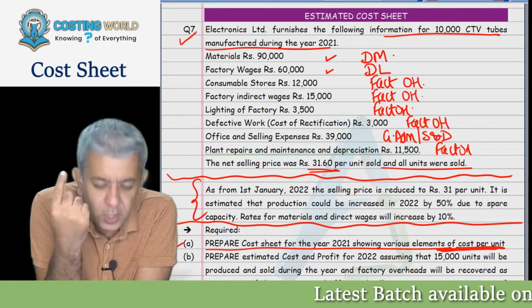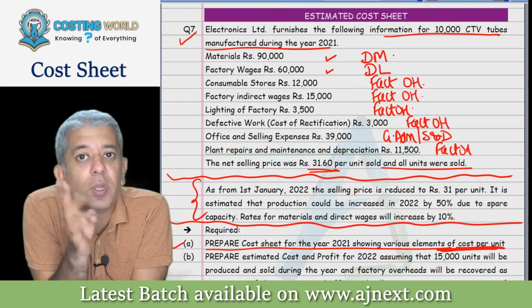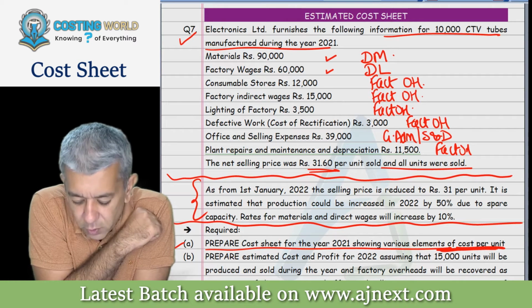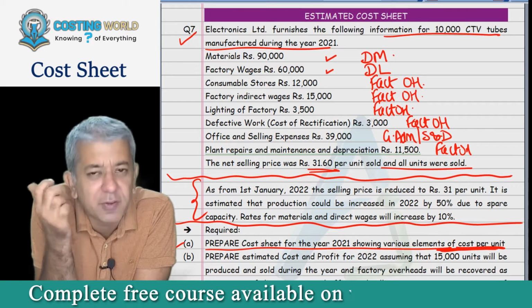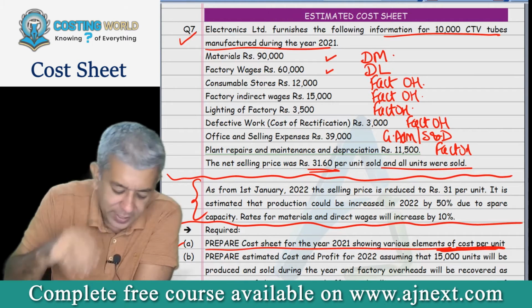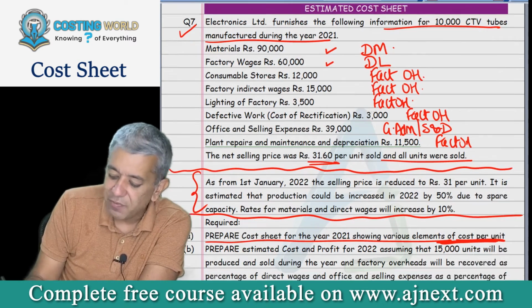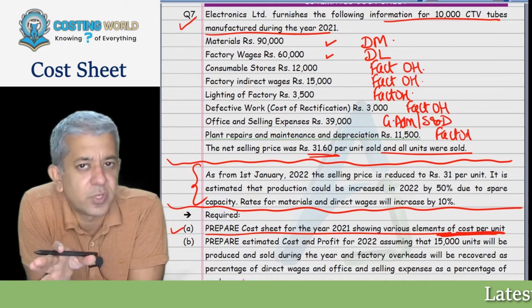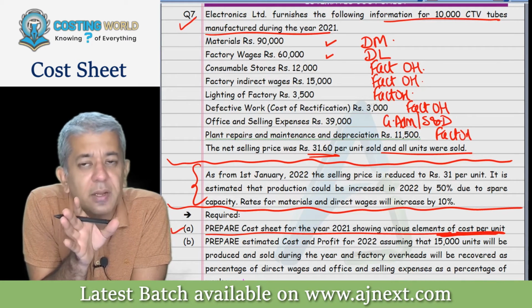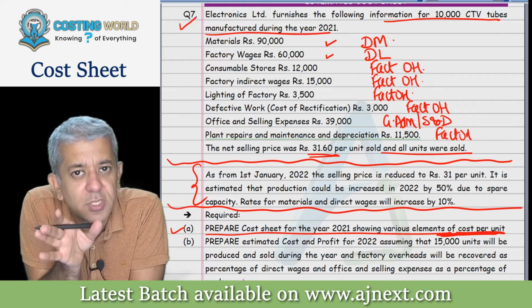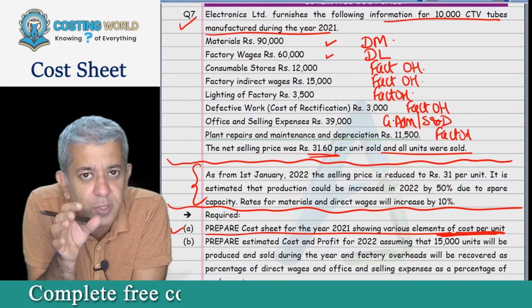You are doing part A for me. I am doing part B for you. I'll try to do exactly the next part, a tougher part for you all. You'll give the title part A. Every statement that you make in any subject, whether it is costing or FM or accounts, please give a suitable title and try to pick up the titles from the questions itself. It becomes easiest for the examiners to check it.